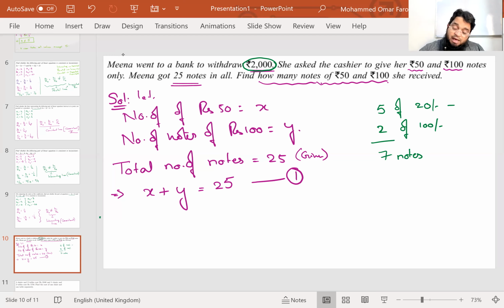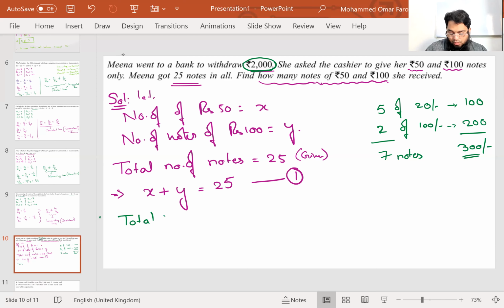The amount is 5 into 20, 100, and 2 into 100, 200. So total you have 300 rupees. Understood? Now, the problem tells us that this 2000 rupees is in the denomination of 50 and 100, and the number of notes of 50 is x.